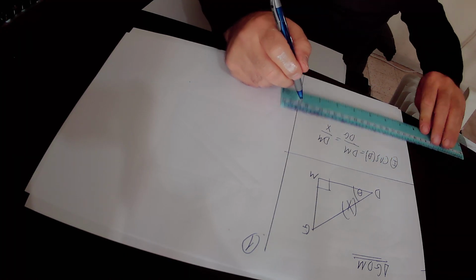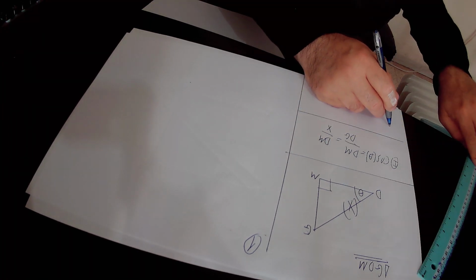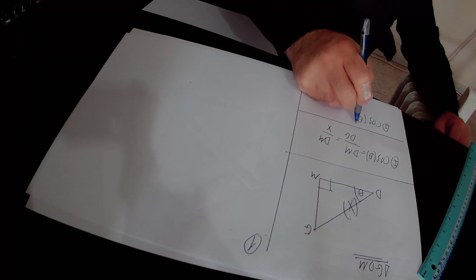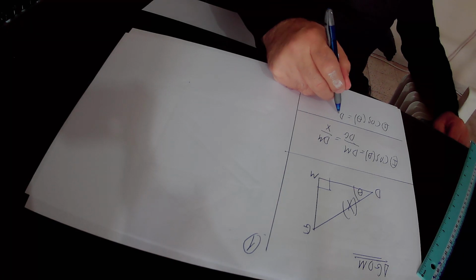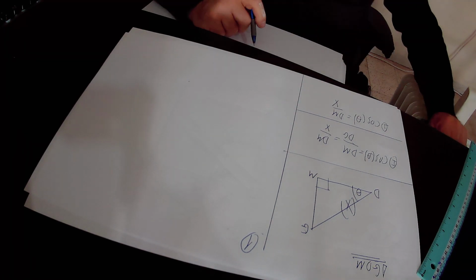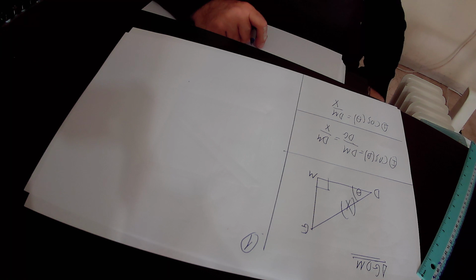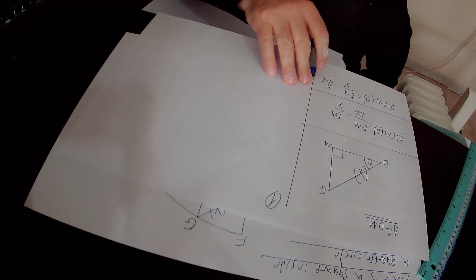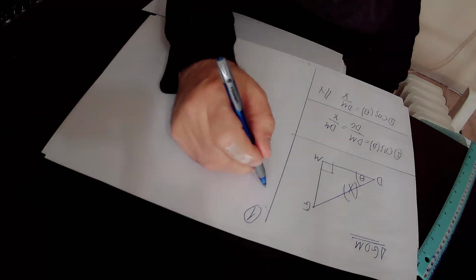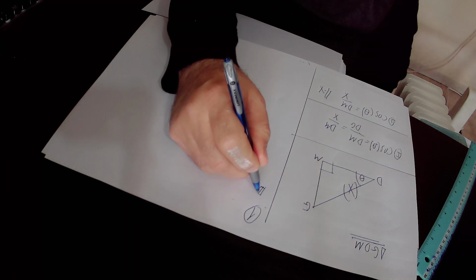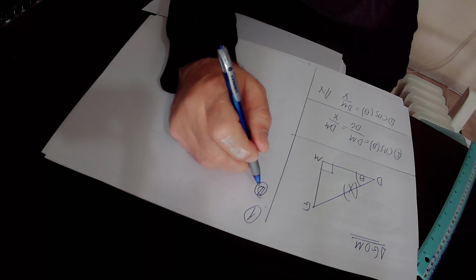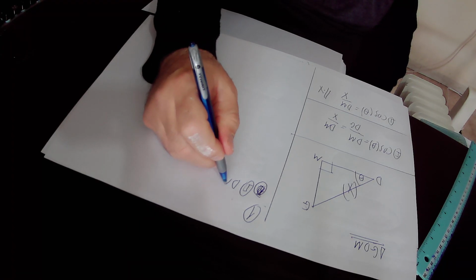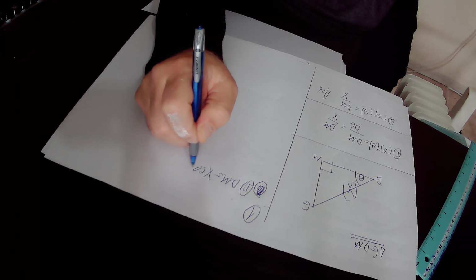According to equation 1, cosine theta equals DM over x. So here we multiply this equation 1 by x. And finally we found that, according to equation 1, DM equals x times cosine theta.